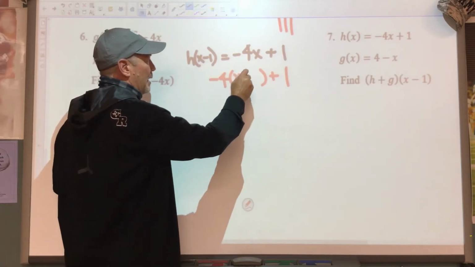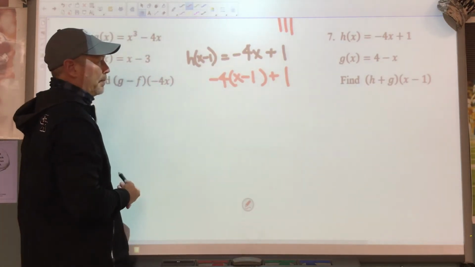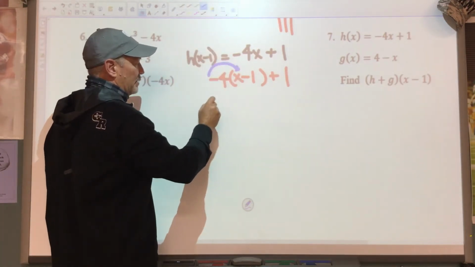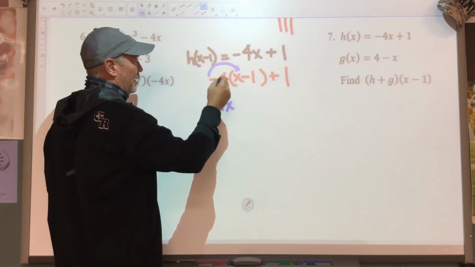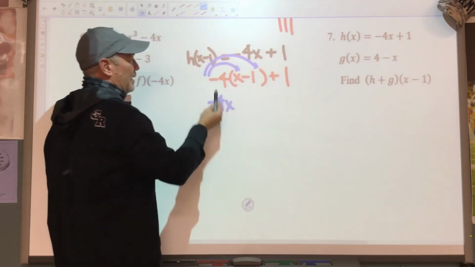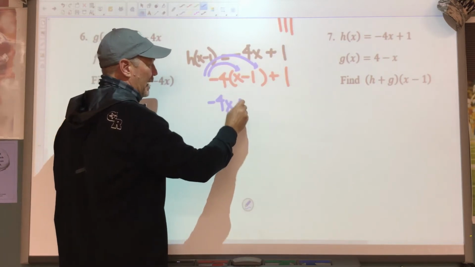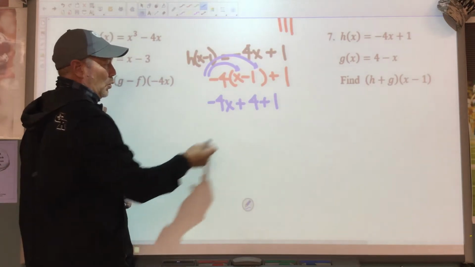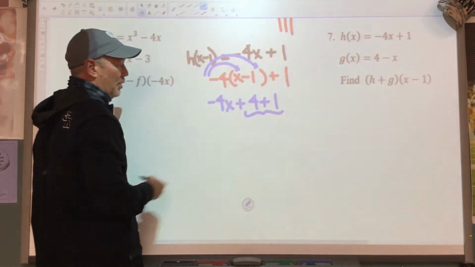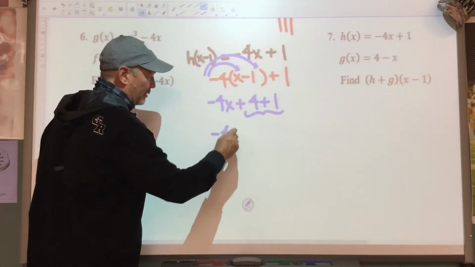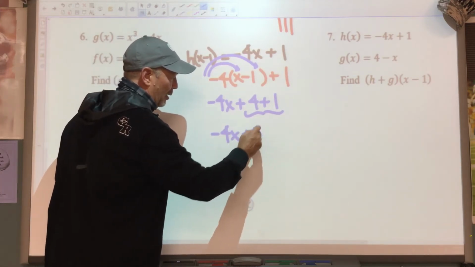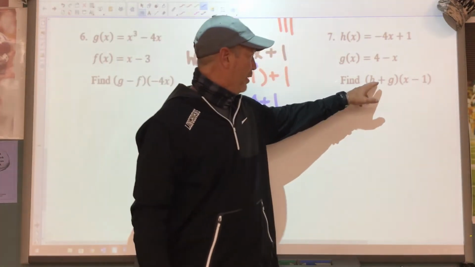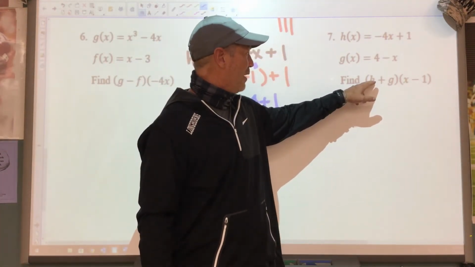We distribute. Negative 4 times x is a negative 4x. Negative 4 times negative 1 is a positive 4 plus 1. When you combine your like terms, you'll end up with negative 4x plus 5. That is the expression I get for my h value.